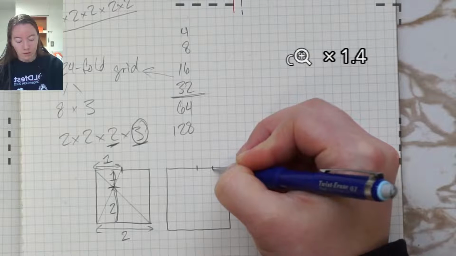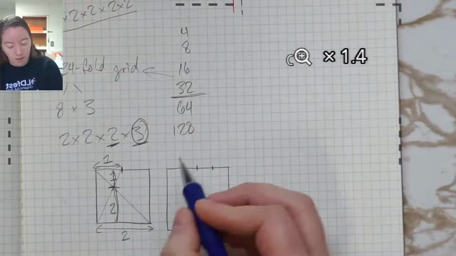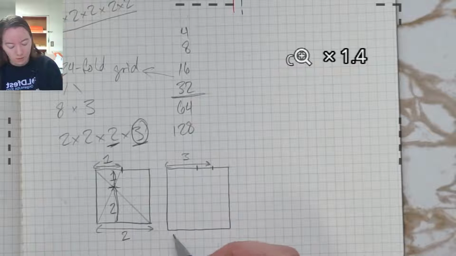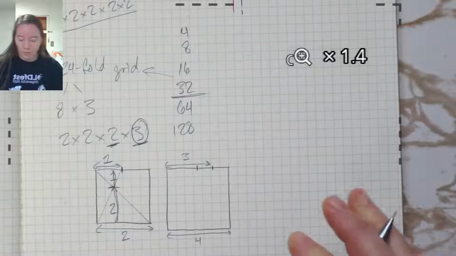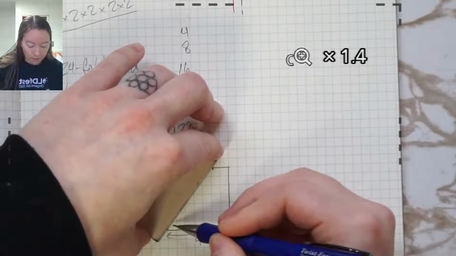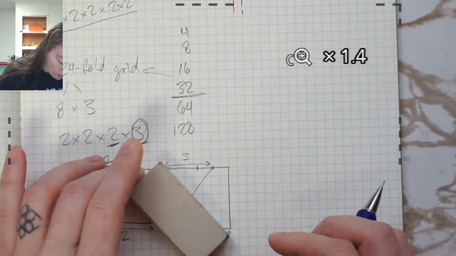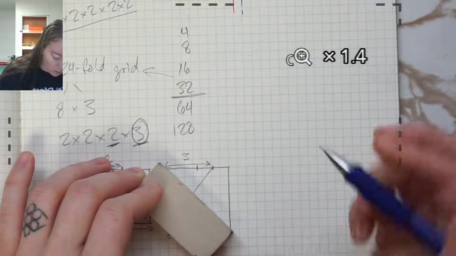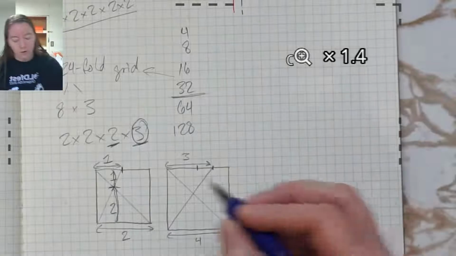It's going to be about here. And then I can have 3 on the top, 4 on the bottom. And when I draw my 2 diagonals, they're going to cross exactly on a grid intersection of this 7 by 7 square.